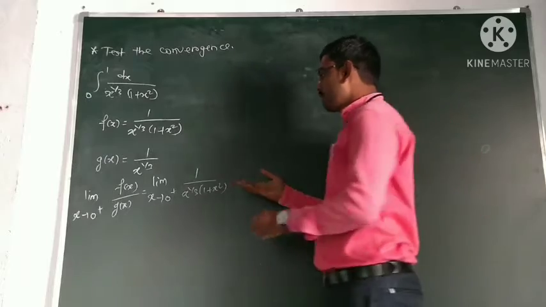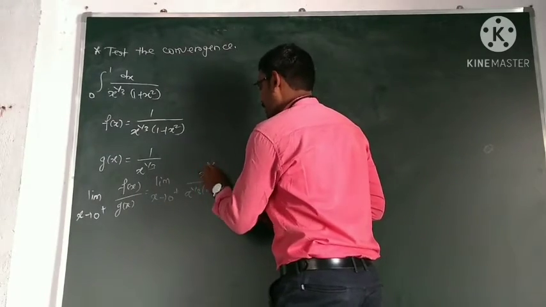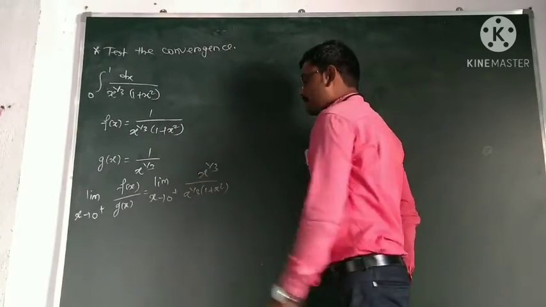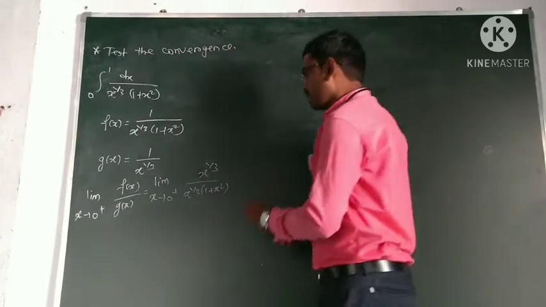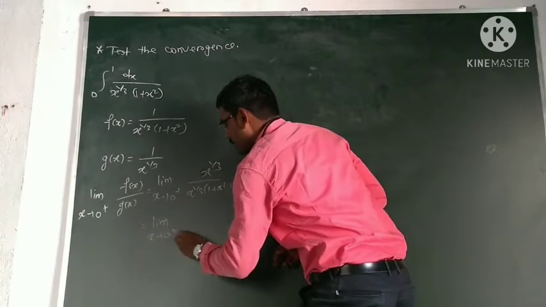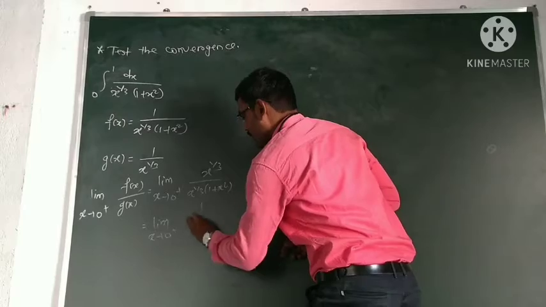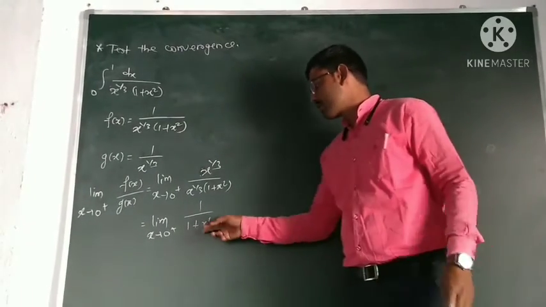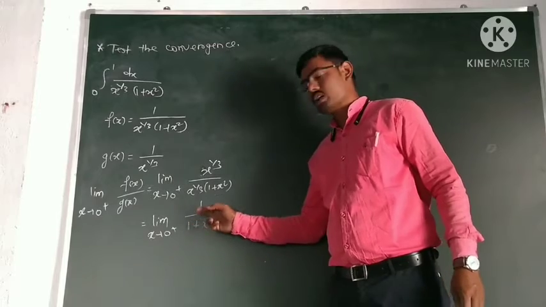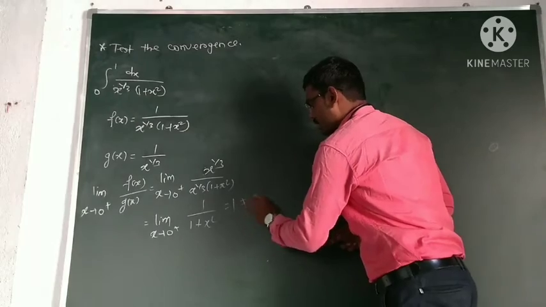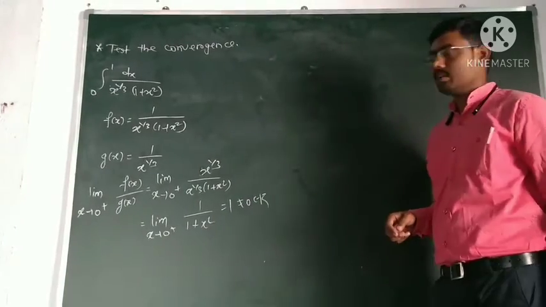So x to power 1 by 3 and x to power 1 by 3 get cancelled. This equals the limit as x tends to 0 plus of 1 upon 1 plus x square, which becomes 1 upon 1 plus 0, that is 1. This limit is equal to 1, which is not equal to 0 and is a real number.